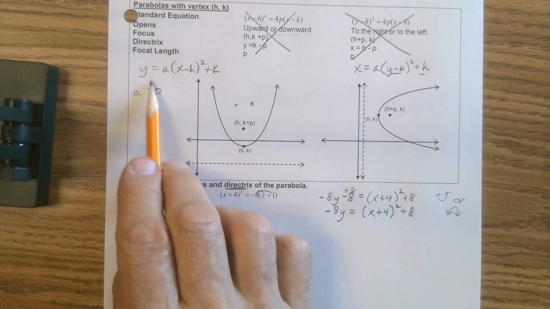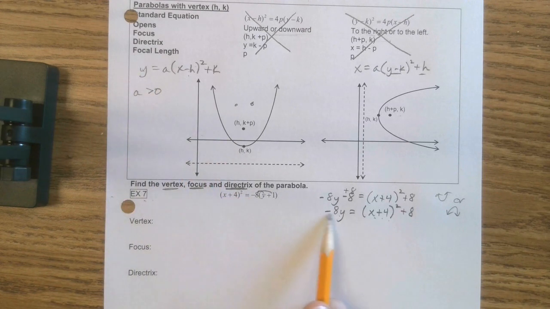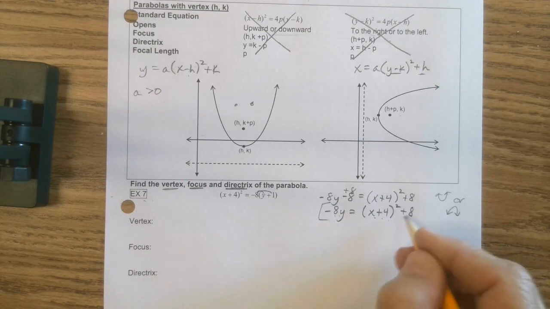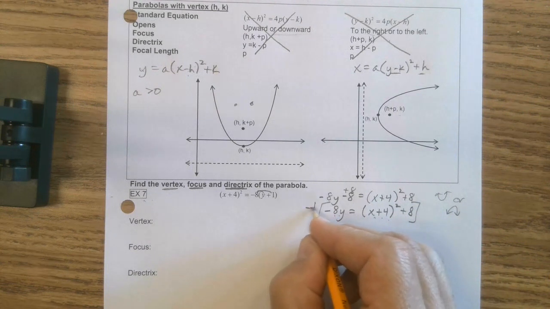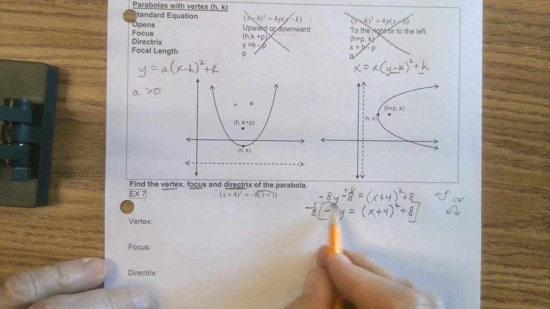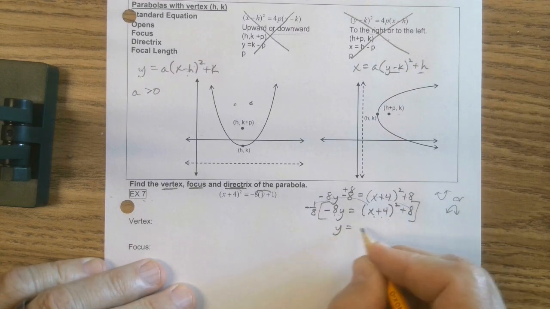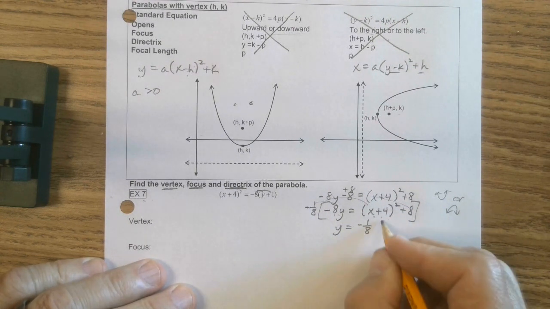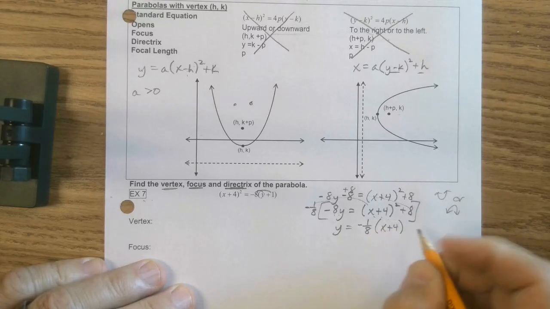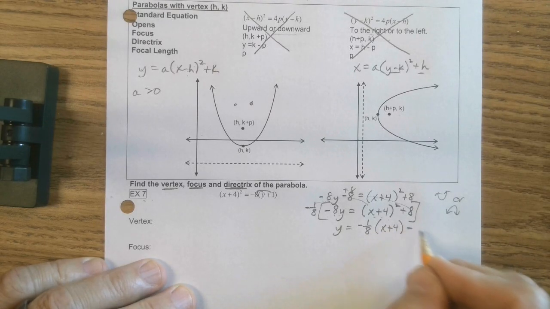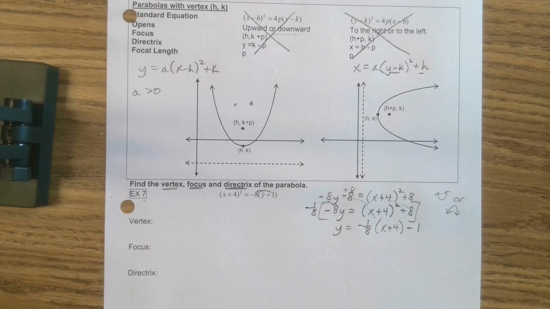Notice how we don't want anything connected to our y. So we're going to multiply this whole thing by negative 1/8. So distribute, distribute, distribute. Get y equals negative 1/8 (x plus 4) squared minus 1.